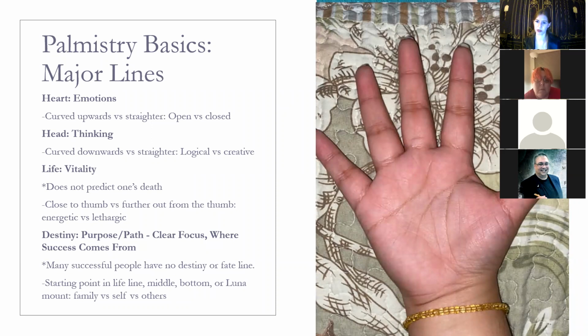This is an example of curved heart and headlines. And I think I can see the beginnings of an actual writer's fork here. It is hard to tell from a photo, but it looks like there is a writer's fork here as well. And there's a very strong destiny line, starting in the standard bottom middle of the palm.